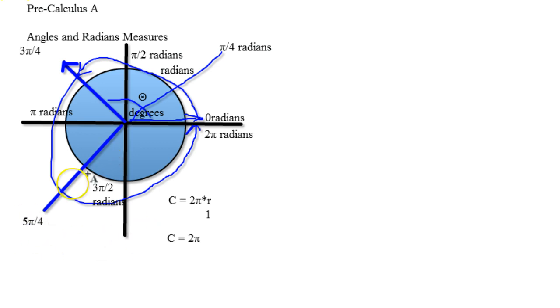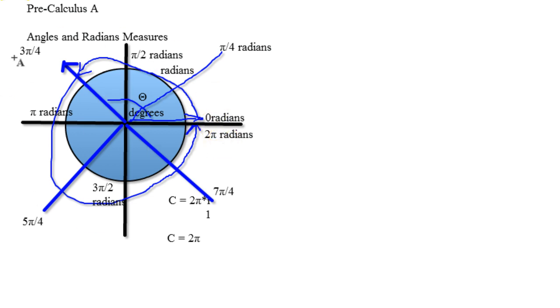If I go 6 pi quarters, that's the same as 3 pi halves. And if I go 7 pi quarters, that is just 7 pi quarters. Nothing really fancy to change. Then if I go around another pi quarters, I get back to 8 pi quarters, which turns into 2 pi.